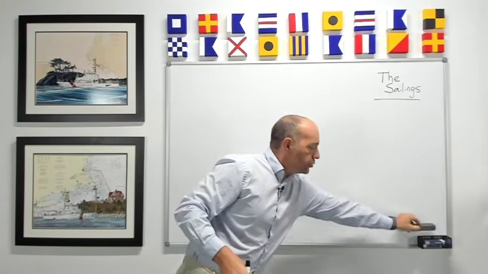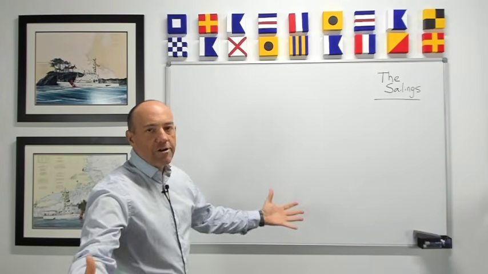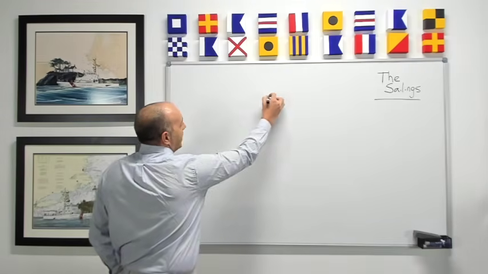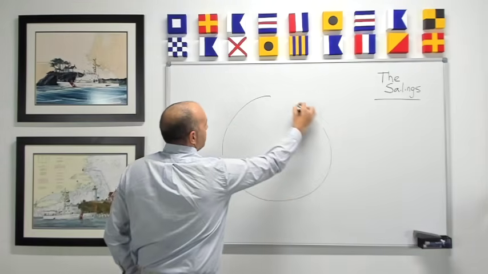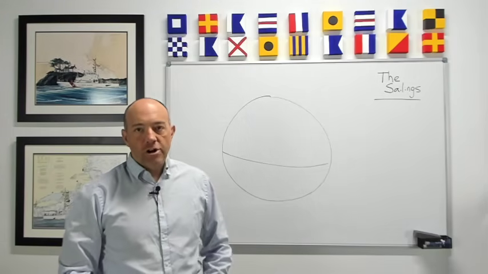If you wanted to plot a course on a bigger area, say across the Atlantic Ocean, there are no handy Mercator charts to do that.